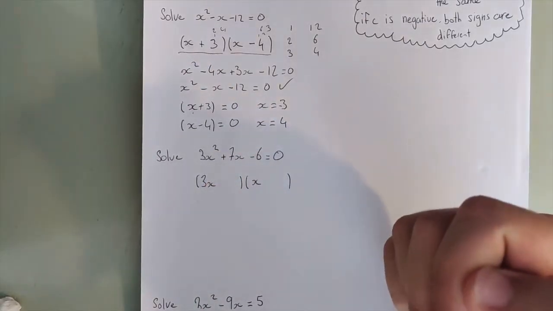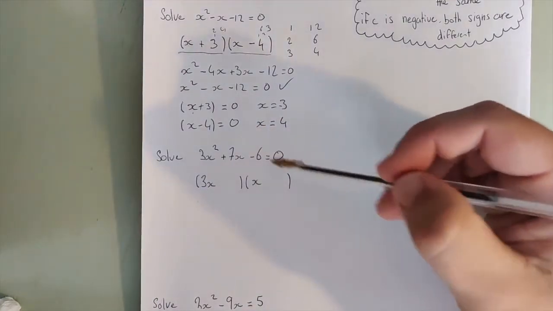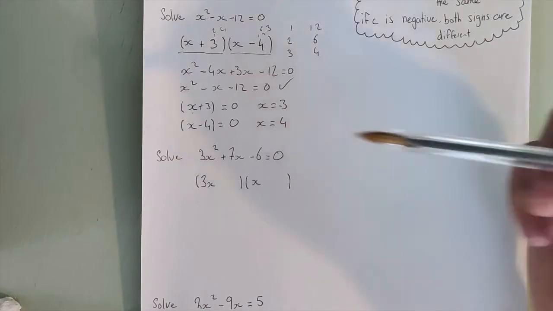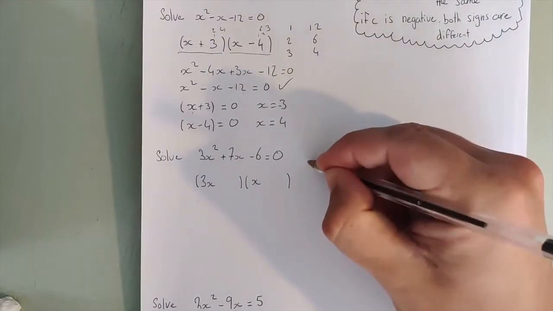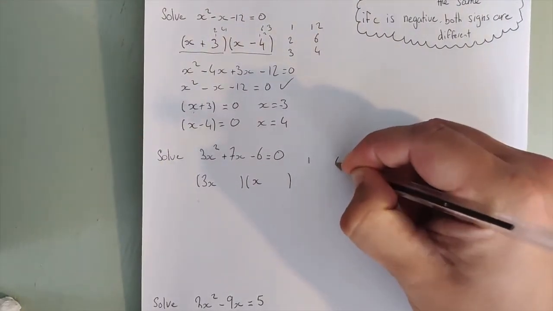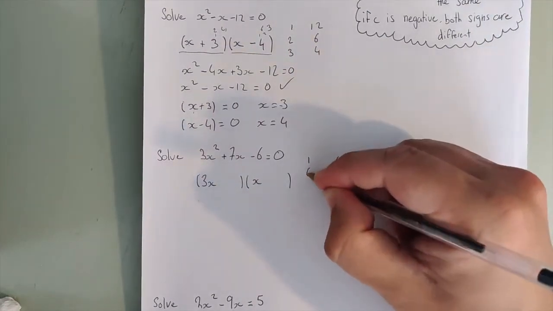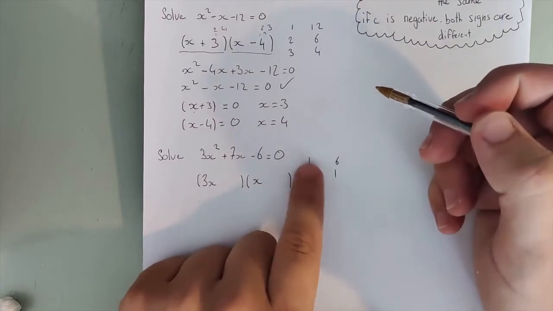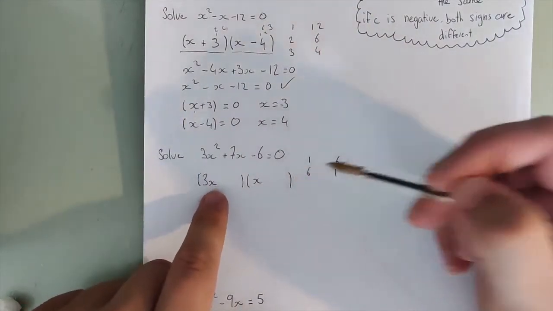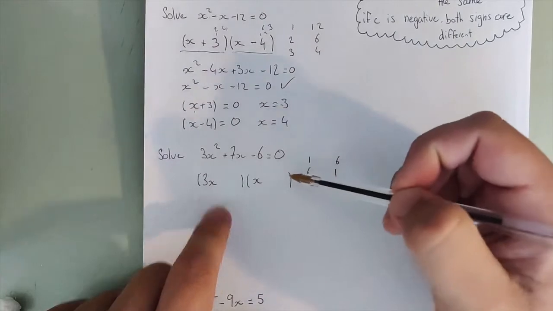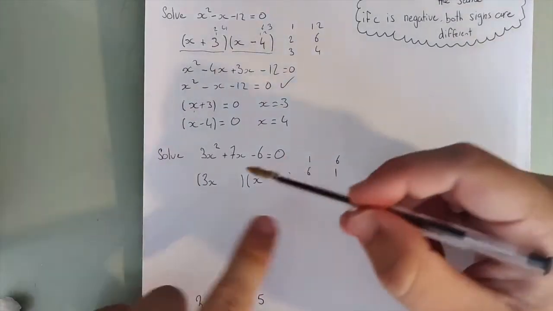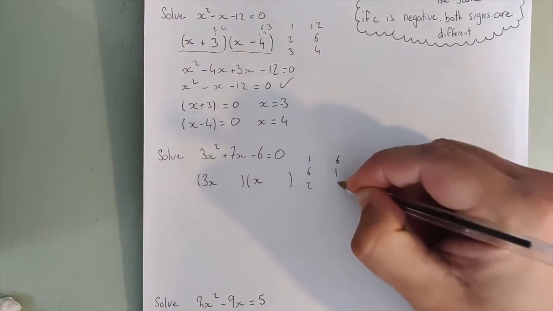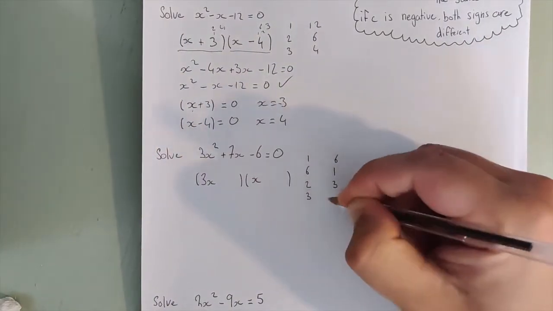We also know we've got to have two numbers that multiply together to give us 6. So we can have 1 and 6, but we also can have 6 and 1. The reason you have to have them both ways is because it matters which number is multiplied by which, so you've got to test them out both ways. We also have 2 and 3 and 3 and 2.